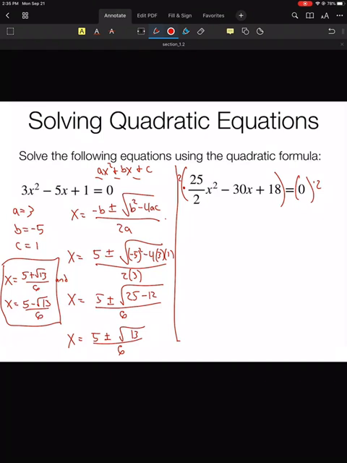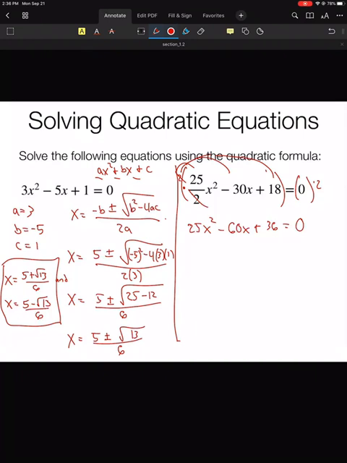Okay, and multiplying both sides by 2 gets me what I want, because when I distribute this 2 through, what I get is 25x squared, because the 2 and the 2 in the denominator cancel out, minus 60x plus 18 times 2, and 18 times 2 is 36, okay? And then on the right side, 0 times anything is 0, so that stays as a 0.